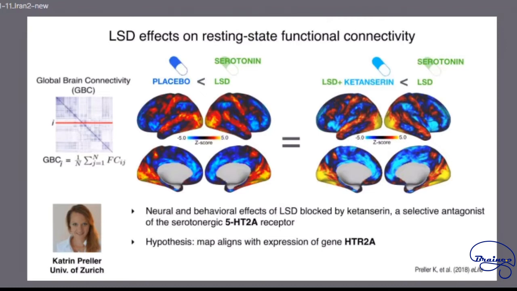And here we're using a measure that we call global brain connectivity, or GBC, which is just the average functional connectivity for a given node, for a given cortical region. You basically collapse across all the other areas, and that gives us a single number per area. And so we can say, what is the change in GBC?